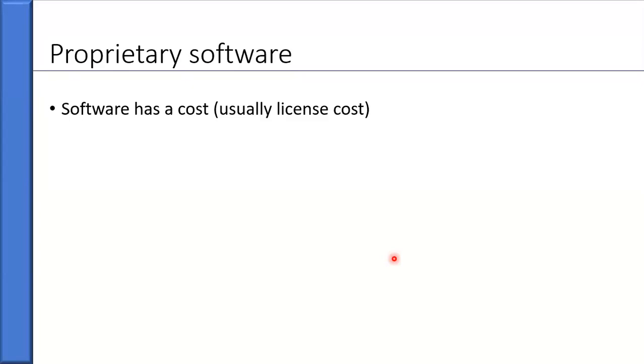It's just a string, a set of numbers and letters. That's it. That is the license, and for that string we have to pay because it enables the software functionalities to work accordingly. Now, proprietary software has a cost.